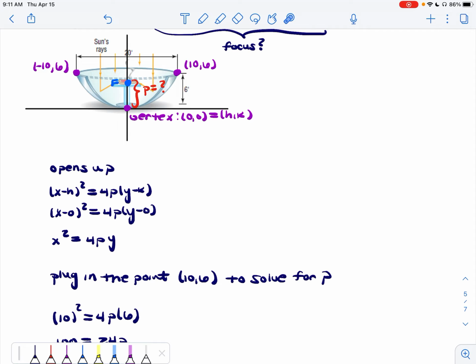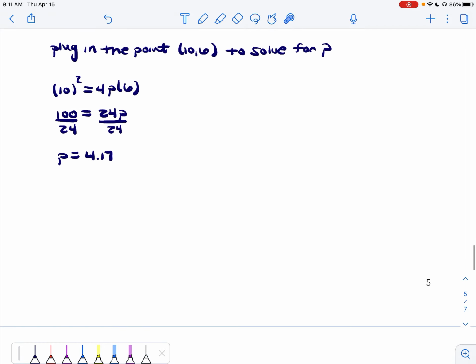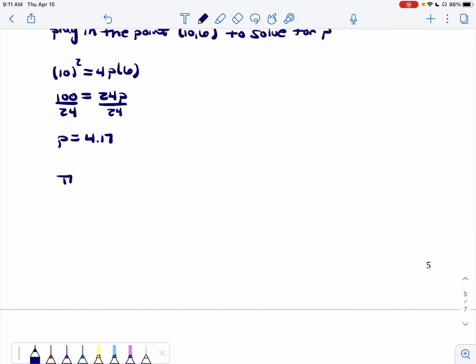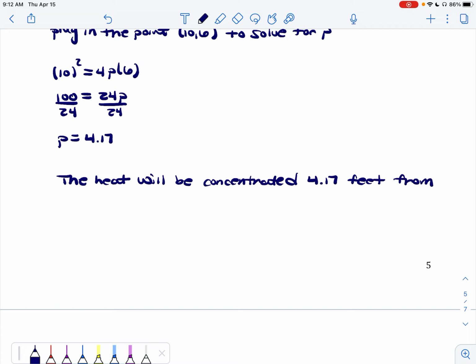So it's telling us that the focus is 4.17 feet from the base of the mirror. So the heat will be concentrated 4.17 feet from the base.